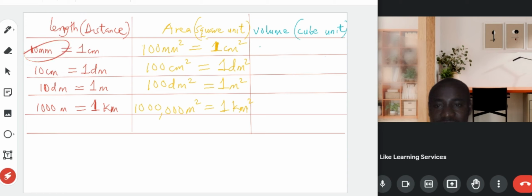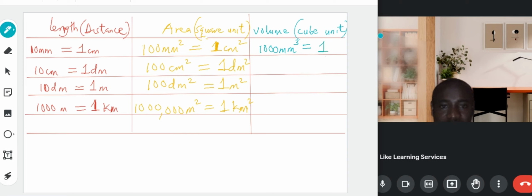10 millimeter cube means 10 times 10 times 10, that's 1000. So 1000 millimeter cube will give us 1 cube is 1, so 1 centimeter cube.